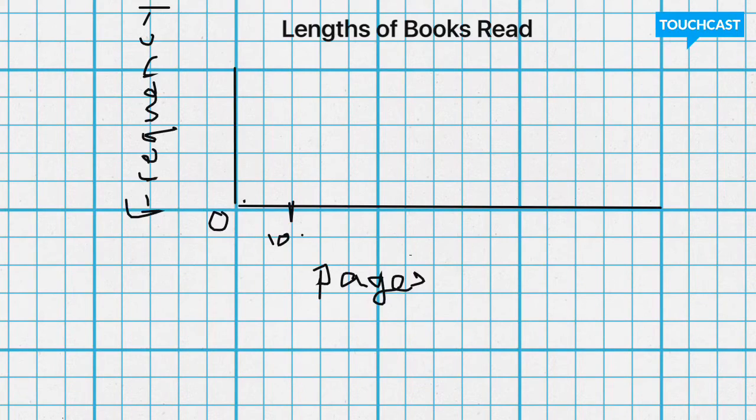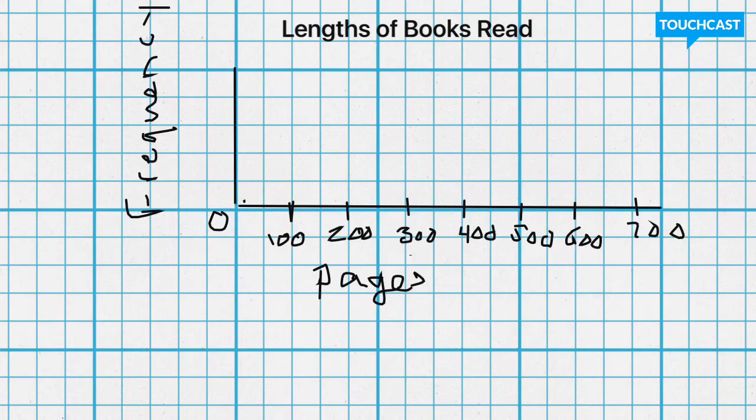So we've got 0 to 100 to 200, 300, 400, 500, 600, and because that one book that was in that 600 range is bigger than 600, we should also go up to 700. Okay? Now in our frequency, we don't have anything that goes bigger than 5.